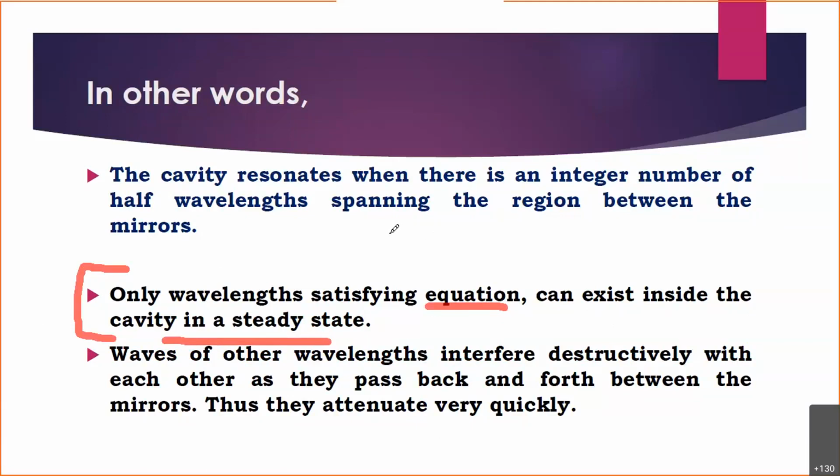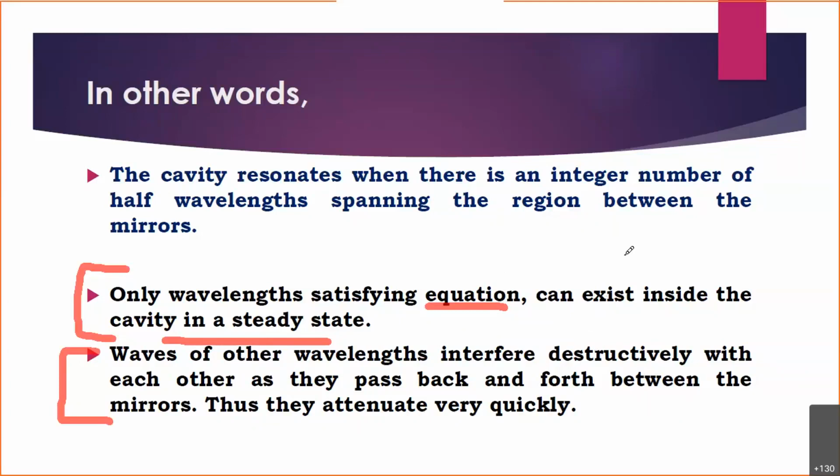Waves of other wavelengths interfere destructively with each other as they pass back and forth between the mirrors, so they attenuate very quickly. Any random wavelength not satisfying 2d equal to n lambda will be attenuated.